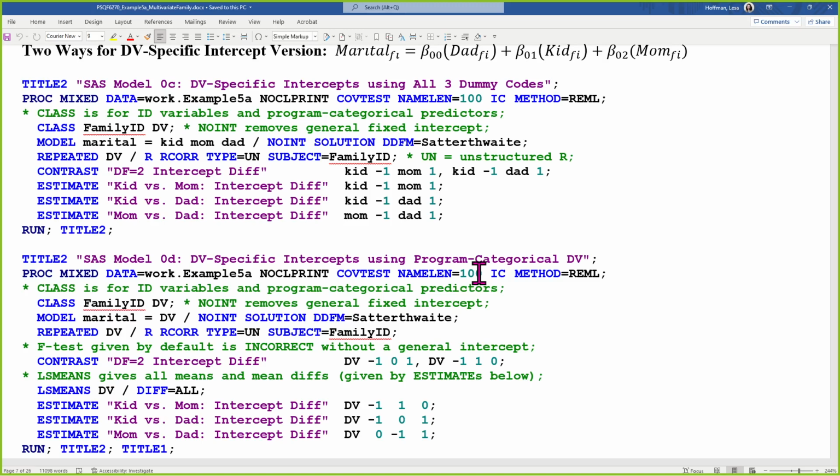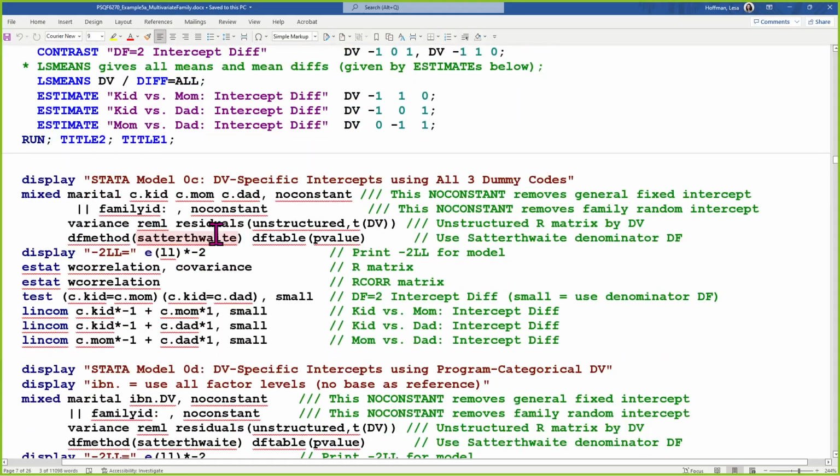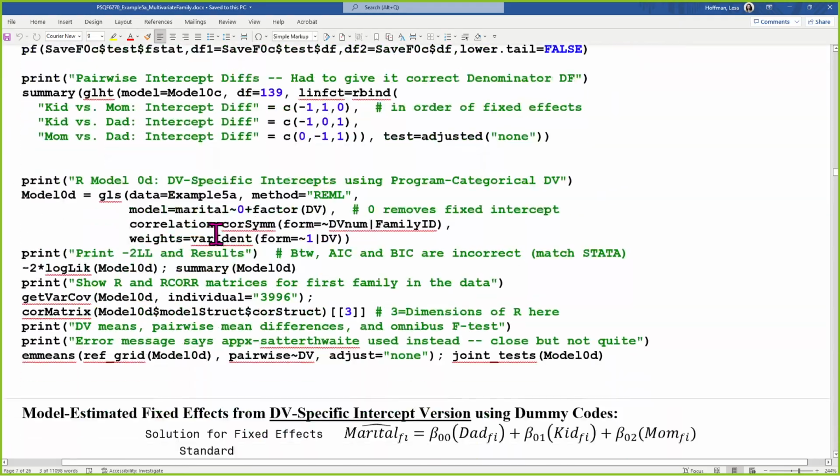So if you get stuck on something, check the sign. If you flip the sign, that means you have the coding for the -1 and the 1 in the wrong order. So if you have the standard error right but the coefficient's wrong, that may be your issue, is that this version of which was the 1 and which was the -1 might be off. So that's an easy way to check to see if you are in the right place. So that's what I'm doing.